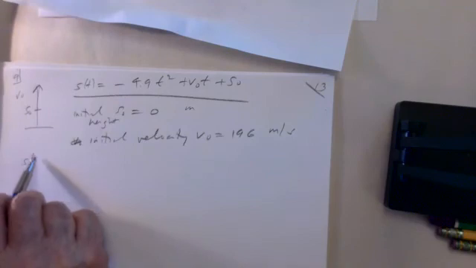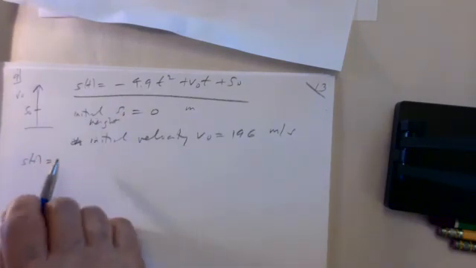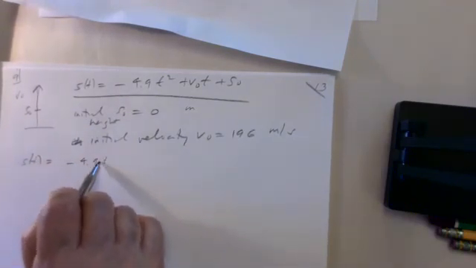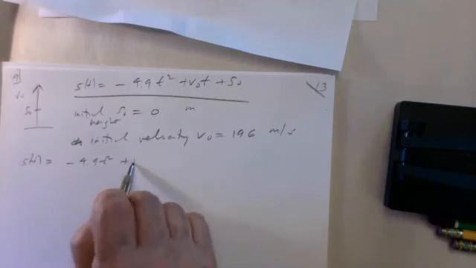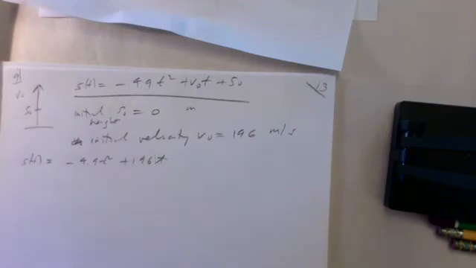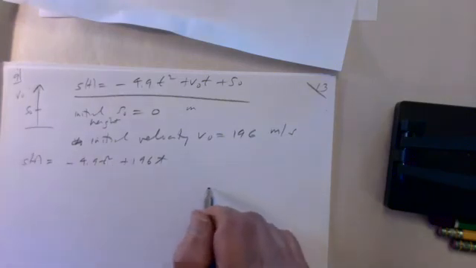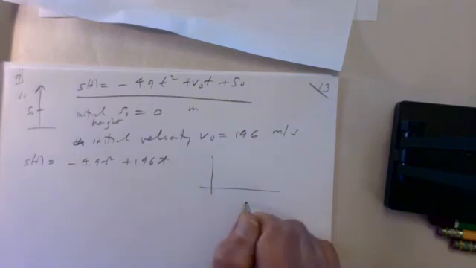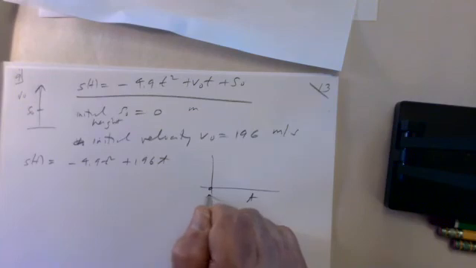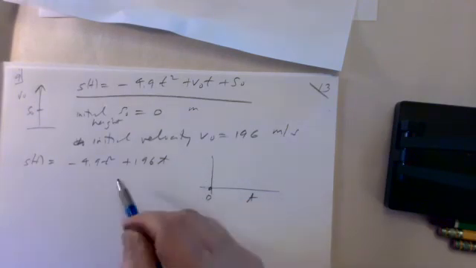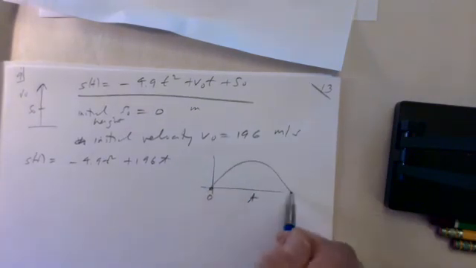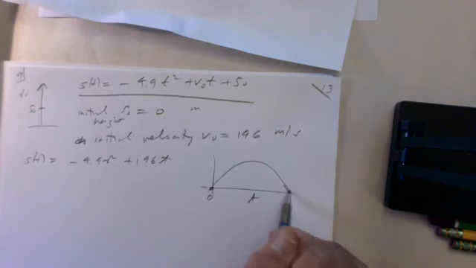So the trajectory of the ball is determined by the equation minus 4.9 t squared plus 196 t plus 0. When t equals 0, you're at 0. And this curve is a parabola.